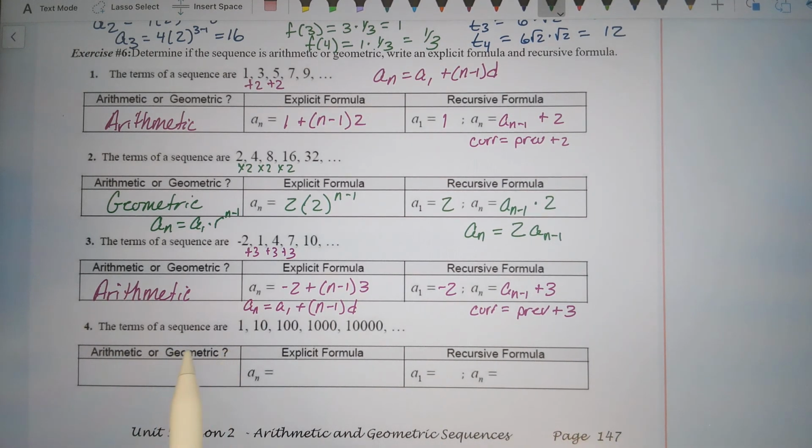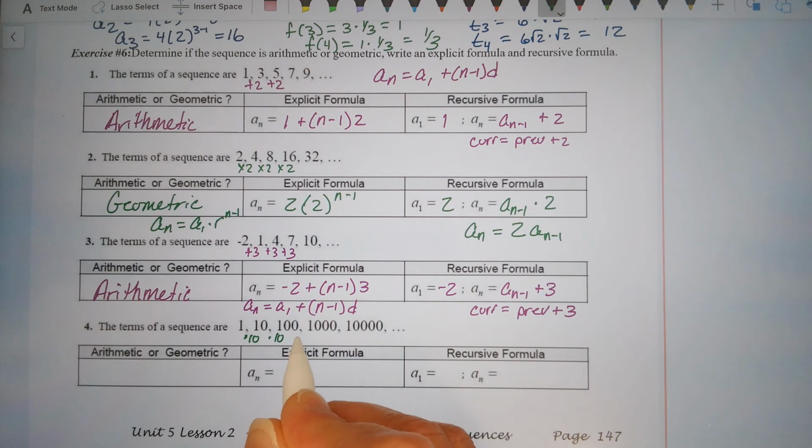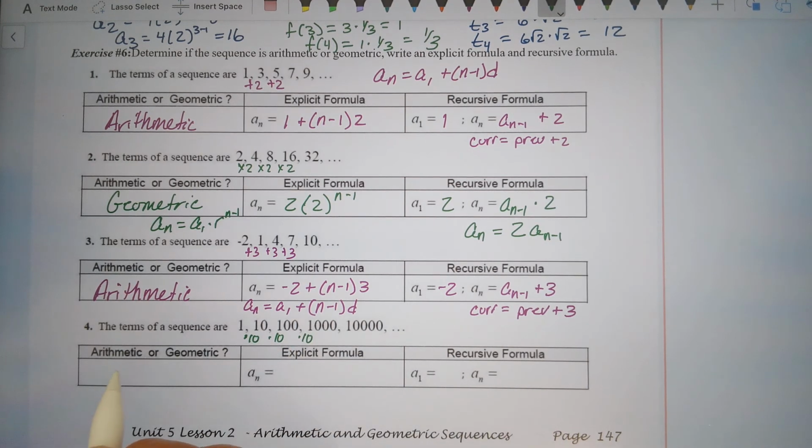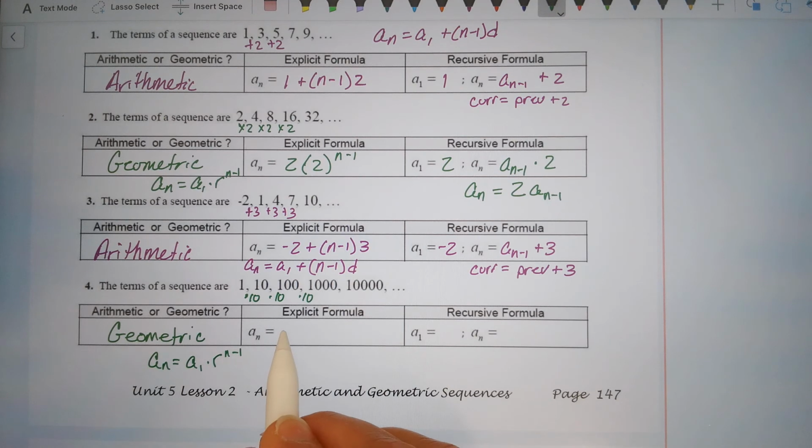And here in number 4, we're multiplying by 10. So this is geometric because there's a constant multiplier. Geometric, a sub n equals a sub 1 times r to the n minus 1. A sub 1 is 1, r is 10, to the n minus 1.